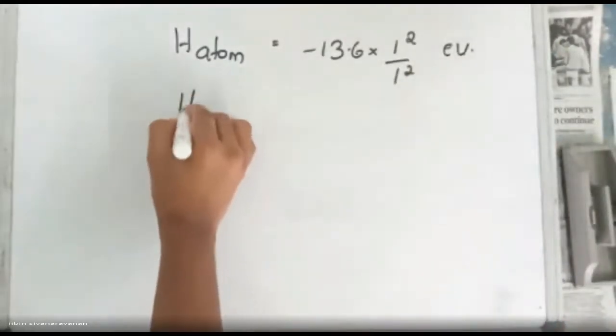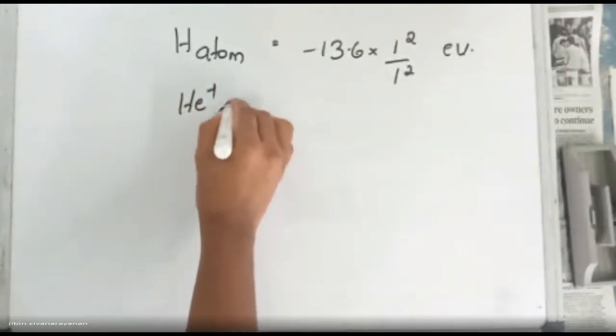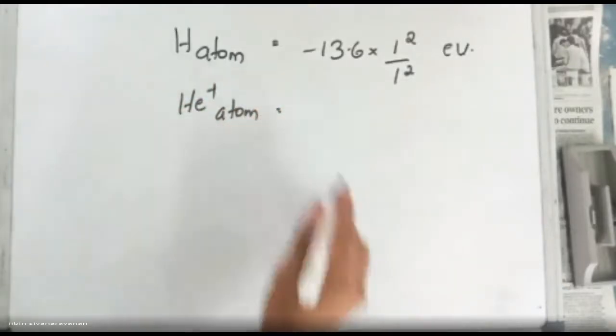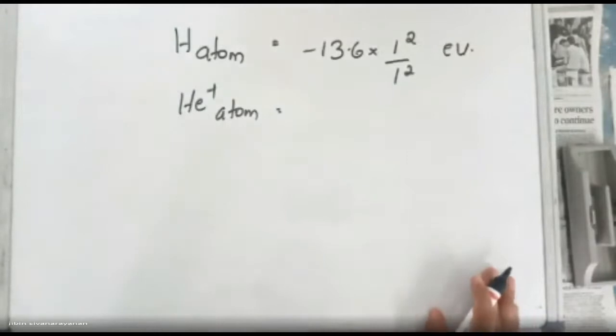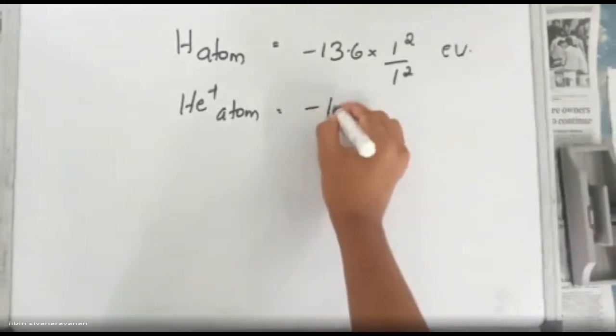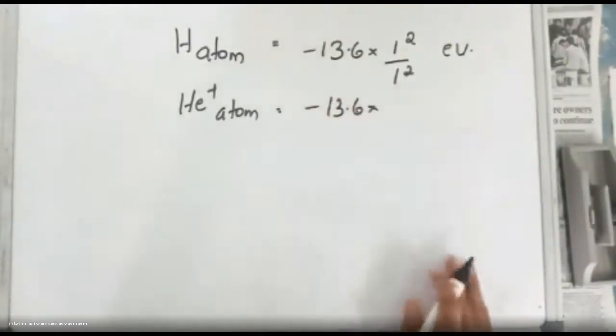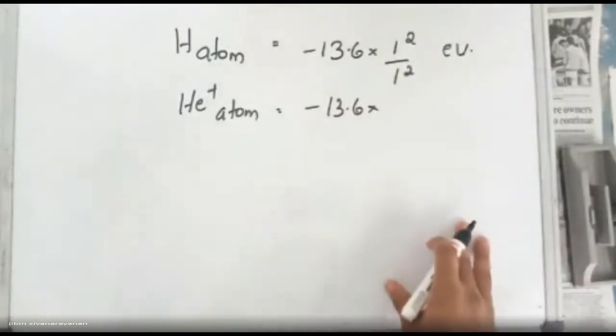For helium plus atom in first excited state. So which is the first excited state? This constant is the same. Here in the numerator it is the Z value.